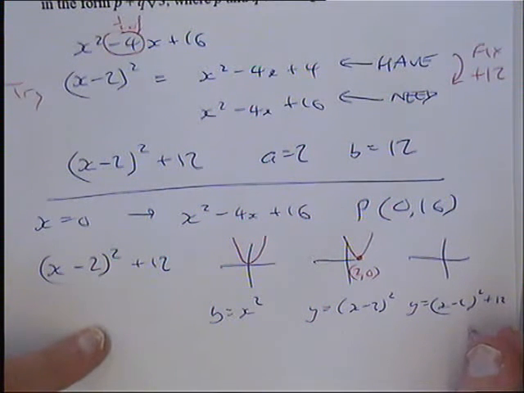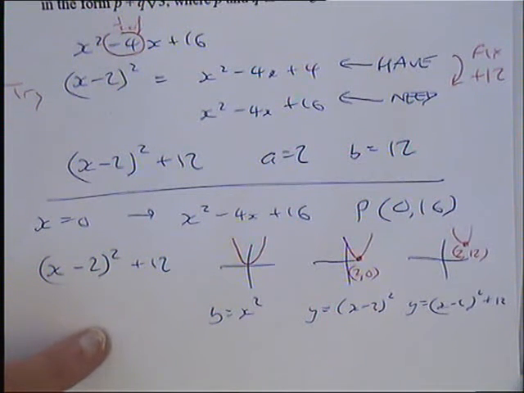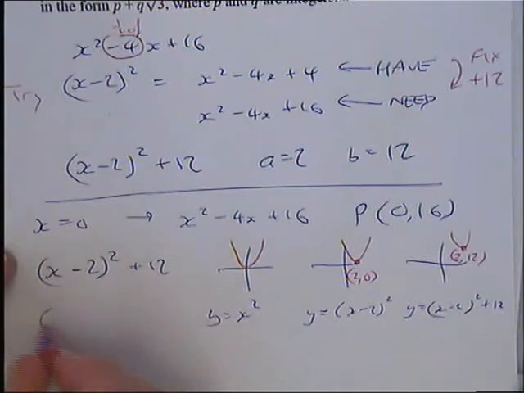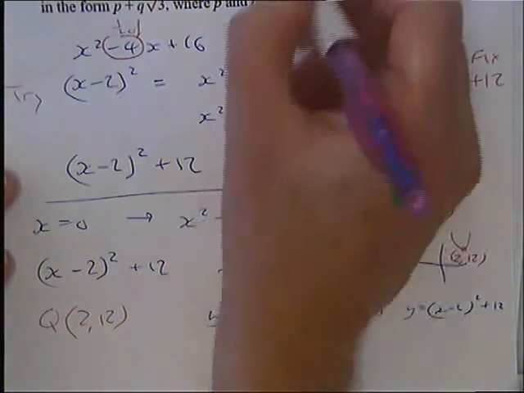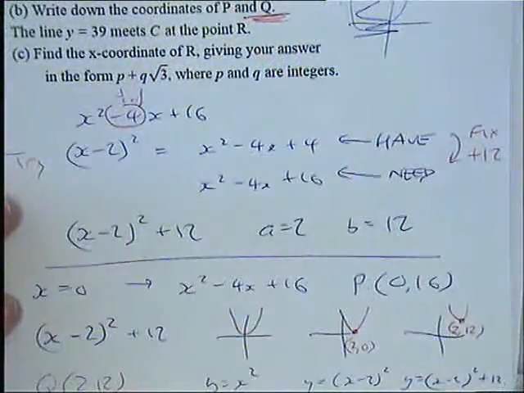Yep, goes up 12. So that coordinate is still 2 along, but it's now up 12. So the question wanted the minimum point. Well, that is the minimum point. So Q is the coordinate 2, 12. So we have now dealt with finding the coordinates of P and Q.